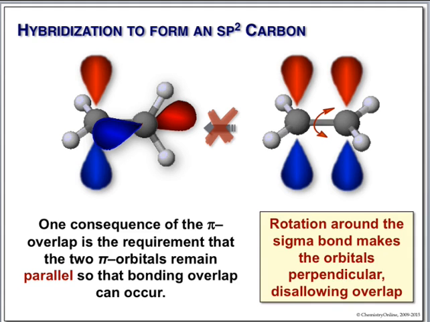Well, turns out that when you get 90 degrees like this, the overlap integral, which means how much they share, drops to 0. So this is a nice low energy state, and this is a real high energy state. So what that means is this rotation doesn't happen. It does happen, but it happens with difficulty.